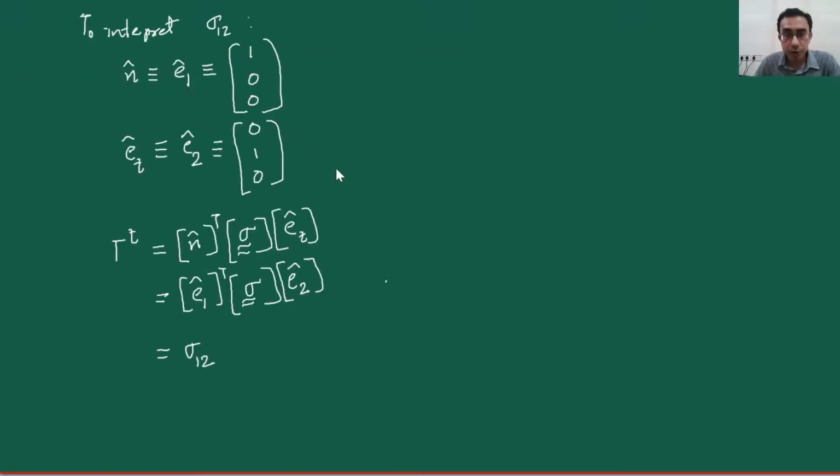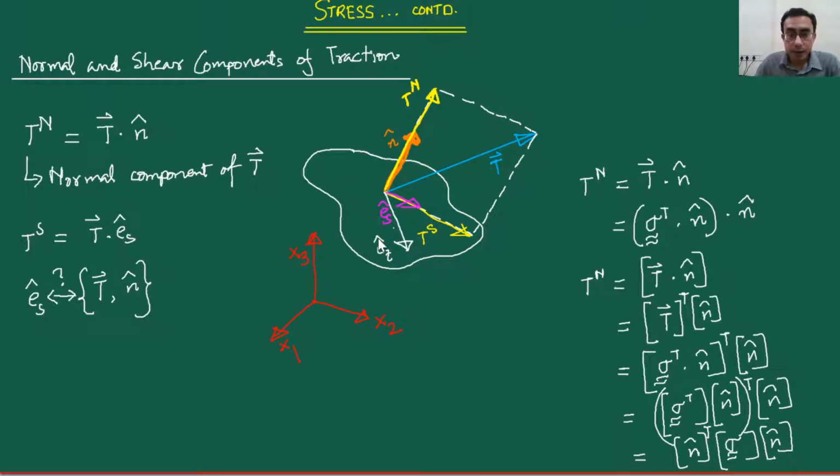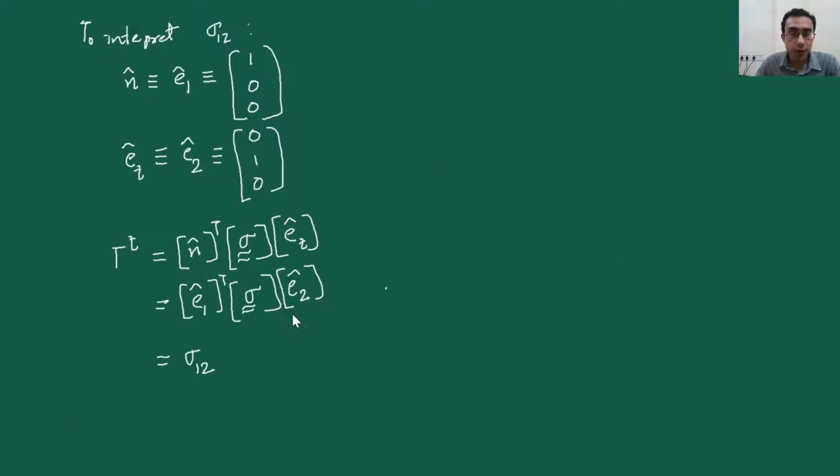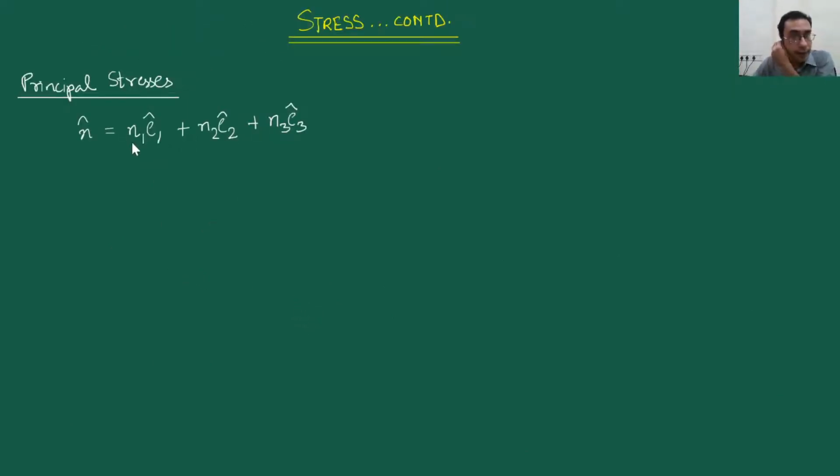Just referring to the previous figure, e1 is along this x1, e2 is along this one, and e3 is along this one. The unit vectors along the three coordinate axes. And n1, n2 and n3 are the components of this unit vector n hat.